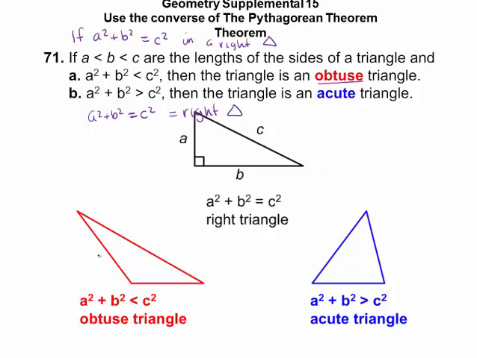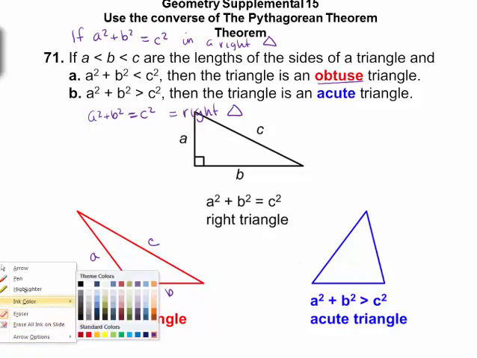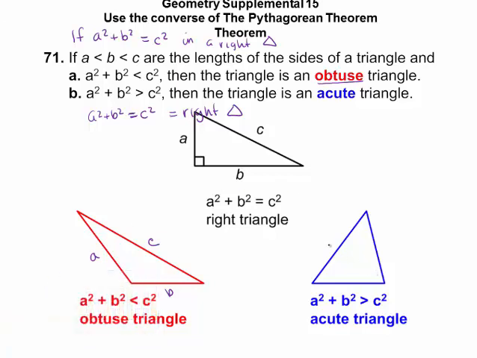So a squared, ABC. They didn't label that, but I think it's like this. ABC. Okay. Now you want, actually I labeled that one wrong. Hold on. You want C to always still be the longest side of the triangle. Okay, so the longest side of this triangle is this one.